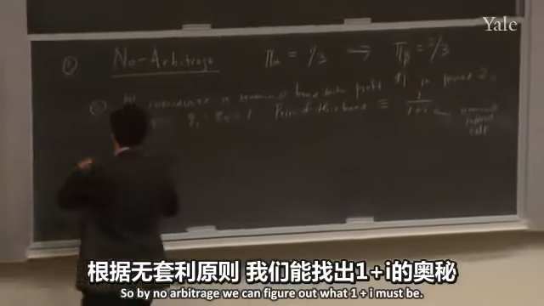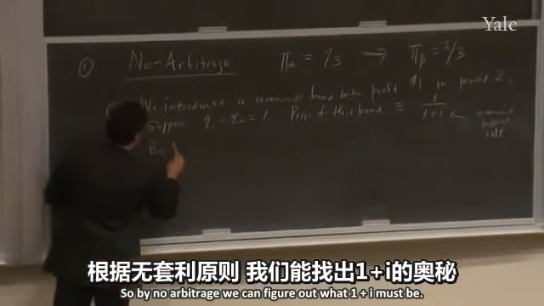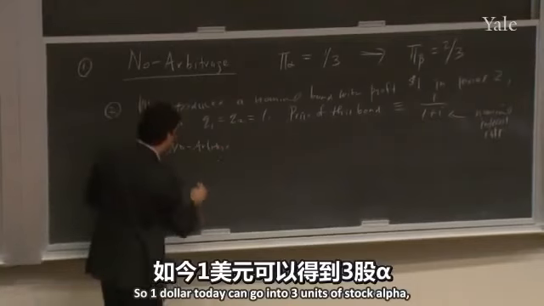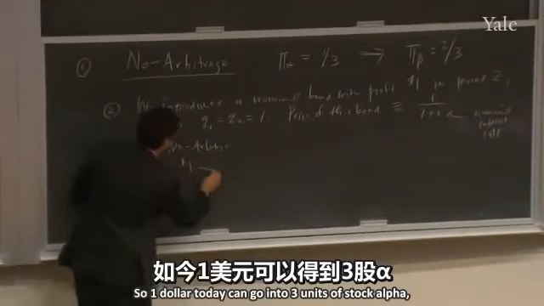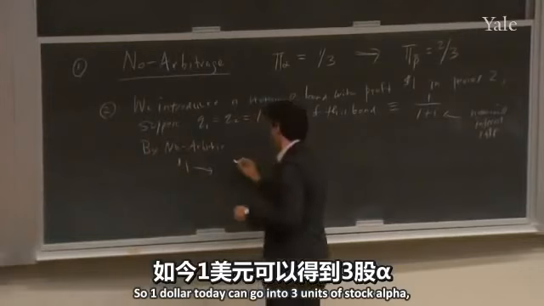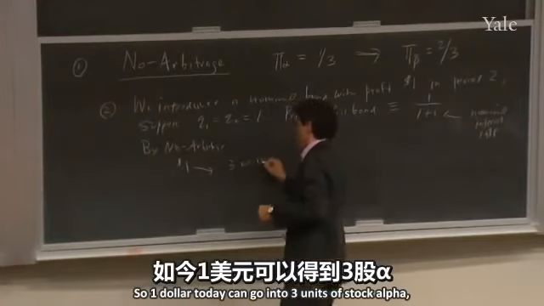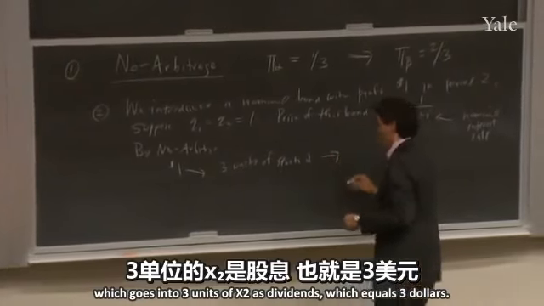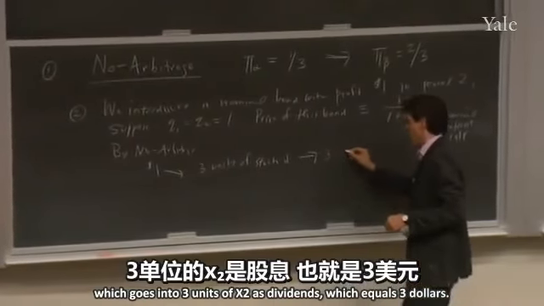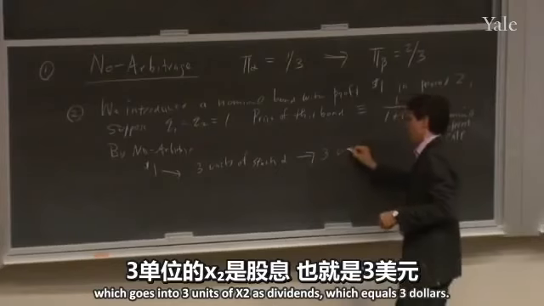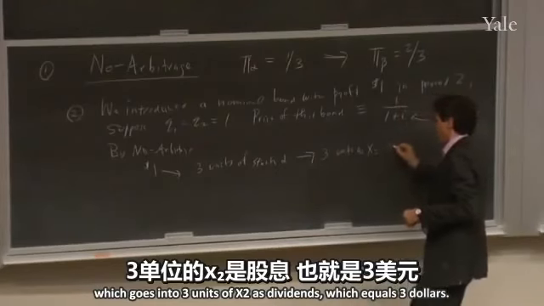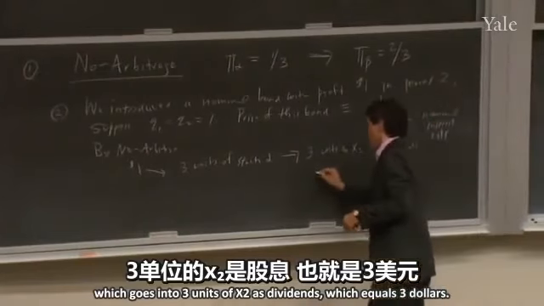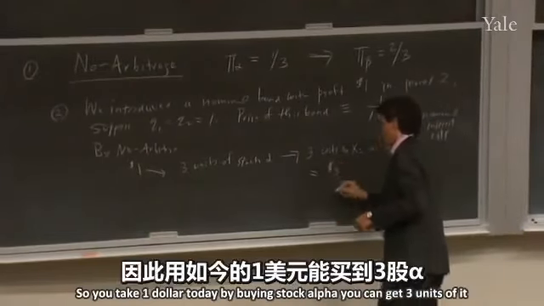By no arbitrage, we can figure out what 1 plus I must be. $1 today can go into 3 units of stock alpha, which goes into 3 units of X2 as dividends, which equals $3.